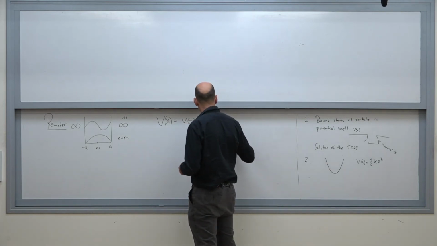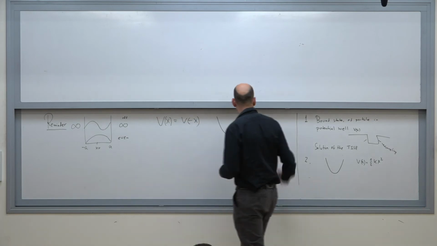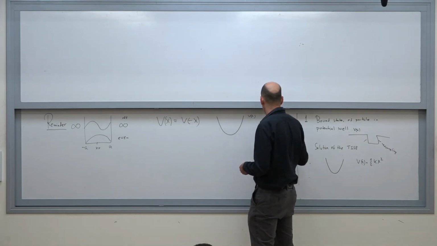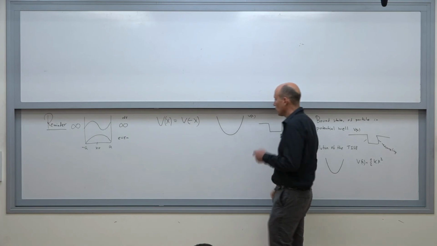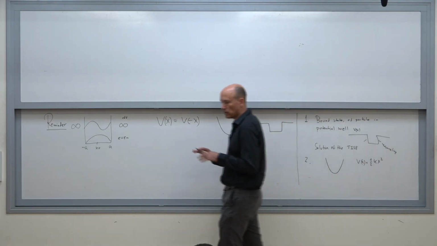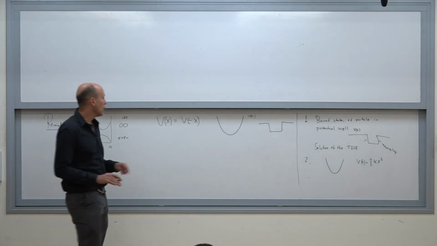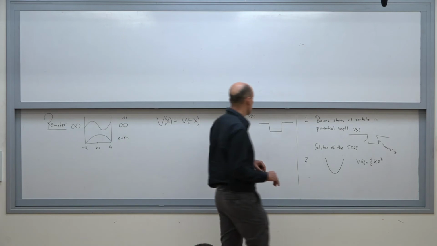This means that, let's say this is my V of x, a harmonic potential. Or maybe this is another example. Let us say that the wave function in the ground state, the lowest energy value of the time-independent Schrödinger equation, is an even state. One can show this is correct.